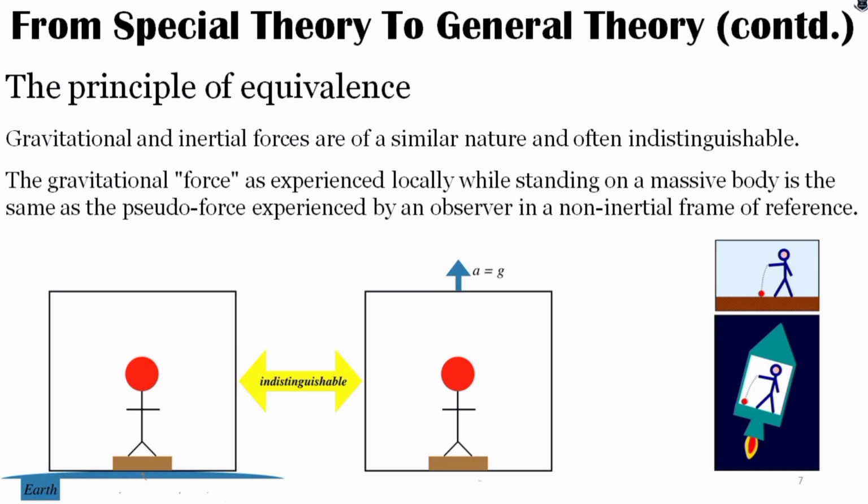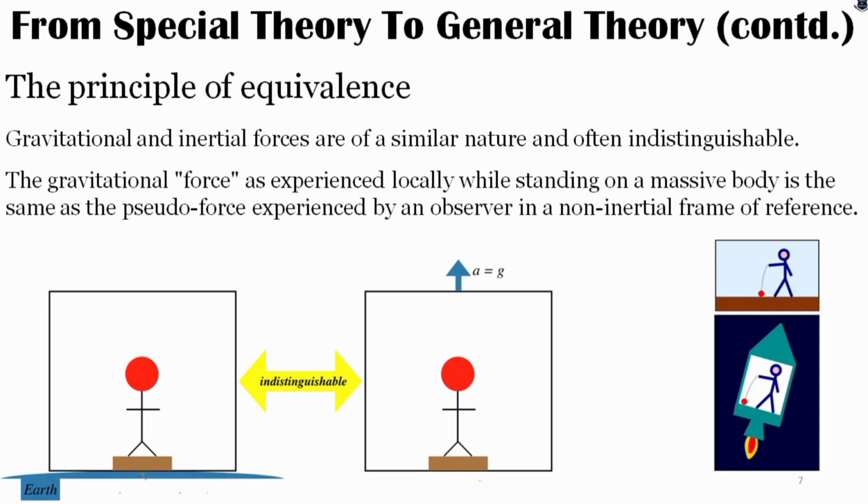So here, as you can see, is an elevator, or you can think of an elevator cabin from inside, and you are isolated from the rest of the world. Now, if you pick an object and let it drop, it falls on the floor exactly the way you would expect given your experience on Earth, right?